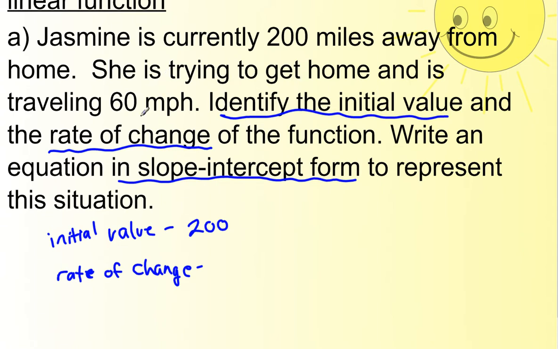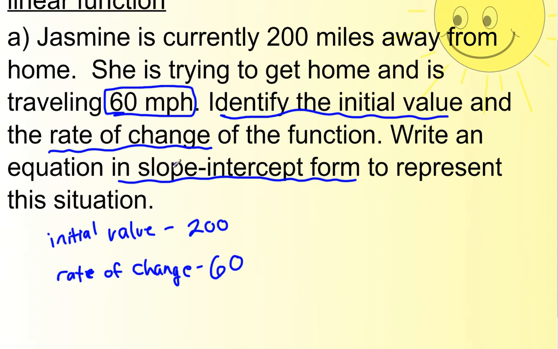She's trying to get home and is traveling 60 miles per hour. That 60 miles per hour, that is a rate. That is a speed. That's how fast something is changing. The thing that's changing is her distance from home. So the rate is 60 miles per hour.